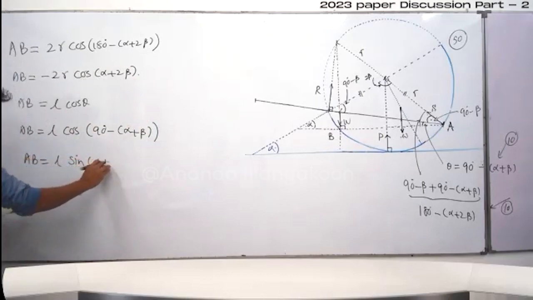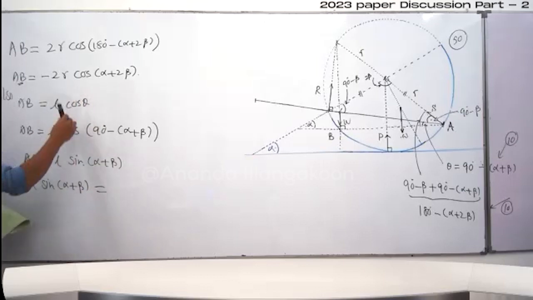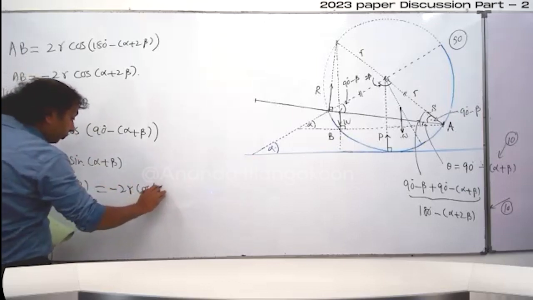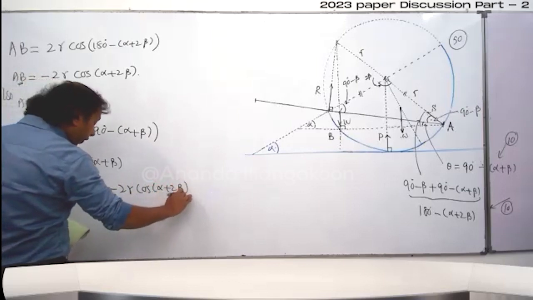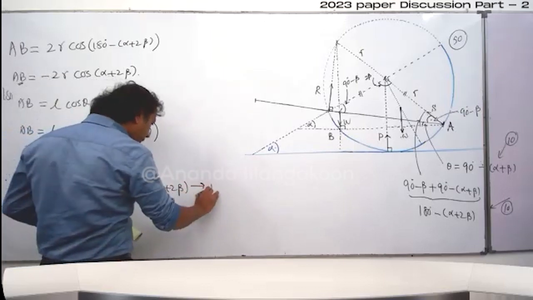L sin L plus beta, right? So then same AB here and here. Therefore, this right hand side must be equal. Then you can write, therefore, what? L sin alpha plus beta is equal to minus 2R cos L plus 2 beta. Right? Yeah. We'll take this as the first relation, number 1.